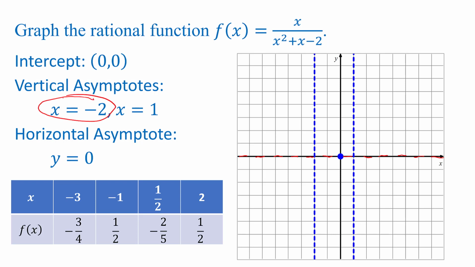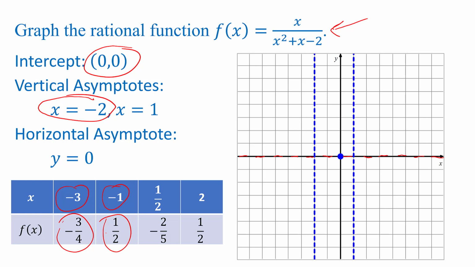If we look to the left of the vertical asymptote x equals negative 2, I choose an x-coordinate of negative 3, and plugging that into f of x, the corresponding y-coordinate is negative 3/4. Between x equals negative 2 and my x-intercept at (0, 0), I choose x equals negative 1, giving a y value of 1/2.